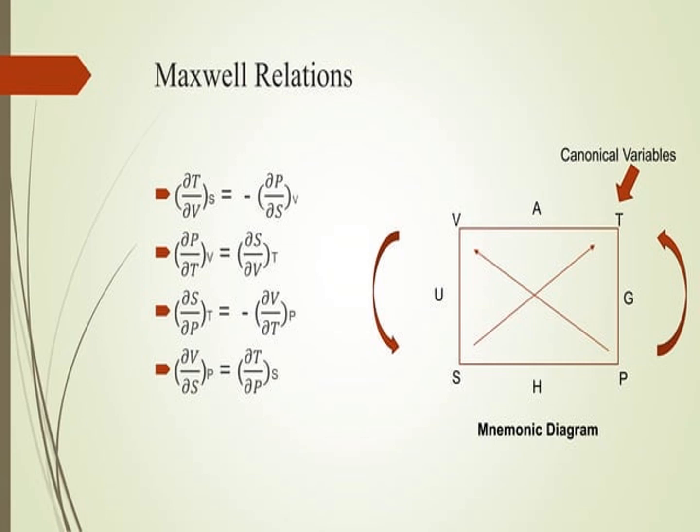The corners of the triangle show the canonical variables, that is temperature, pressure, entropy and volume. The other properties are Gibbs free energy, Helmholtz free energy, enthalpy and internal energy, where U is internal energy, A is Helmholtz free energy, G is Gibbs free energy and H is enthalpy. By using this mnemonic diagram, you will get the Maxwell relations. So this is one of the methods.